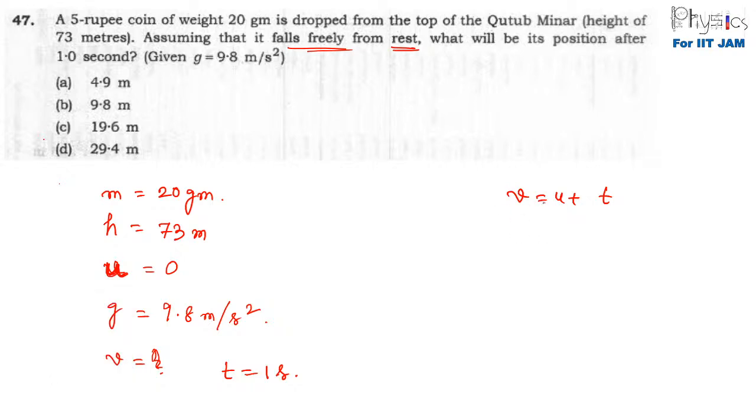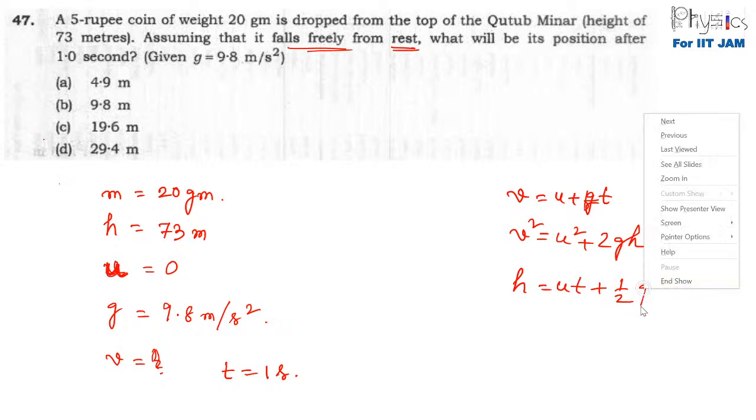So we should use v equal u plus gt, v square equal u square plus 2gh, and h equal ut plus half gt square. These are the equations of motion for free fall.